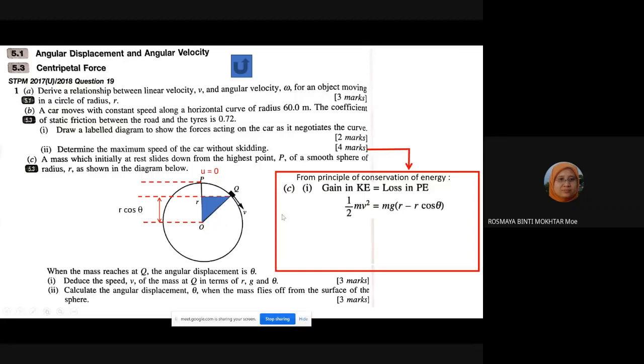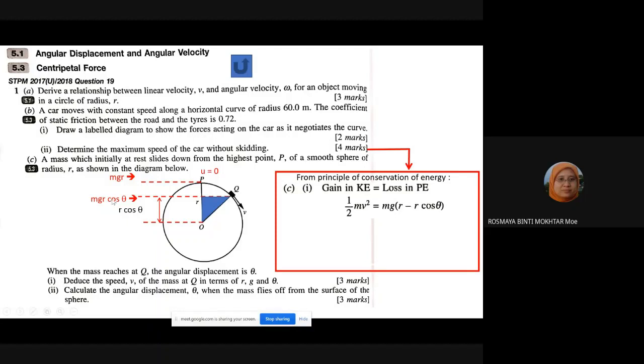So the change, or the loss in potential energy, will be: at the maximum height it is mgR, and at this level it is mgR cos theta. So you substitute the height from the center to point Q, R cos theta, into mgh.